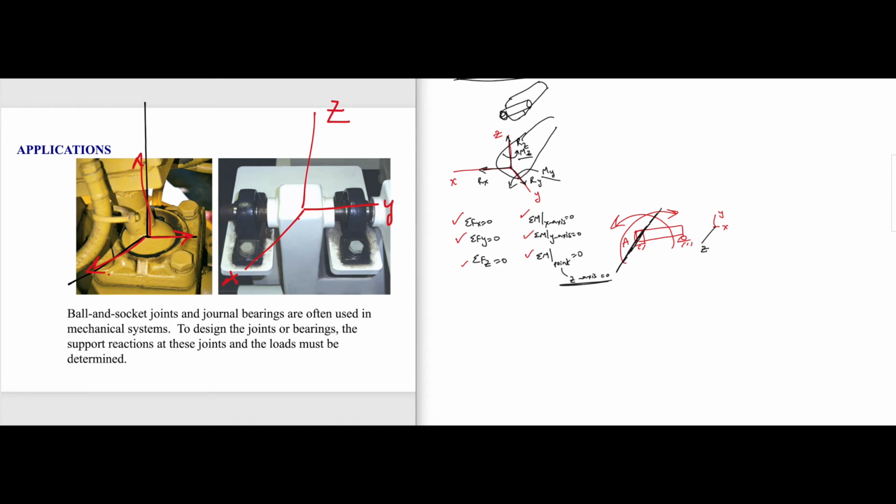By the way, the support which I'm showing you here is a journal bearing. There are two types of journal bearings which I will discuss. One is a smooth journal bearing. The other one is a thrust journal bearing.